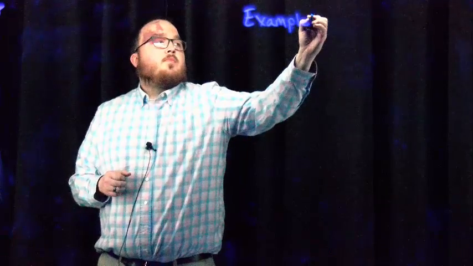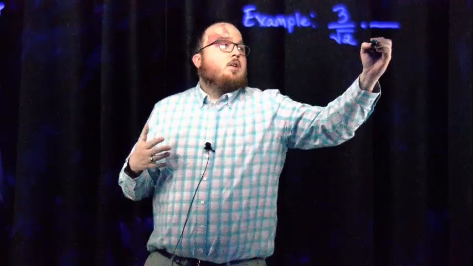So let's say we had this example. 3 over the square root of 2. Like we said, we do not like it when we have a square root down here. So we want to get rid of it. So what I'm going to do, since I have a square root, I know I'm going to multiply the bottom and the top by a square root. Again, that's because I'm wanting to get rid of the square root.